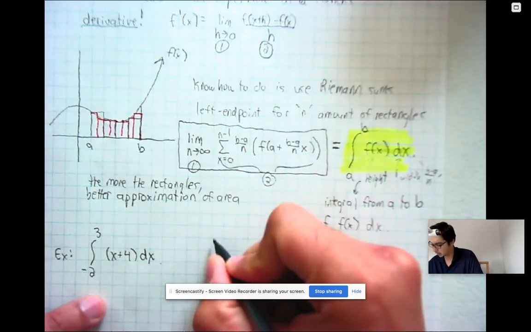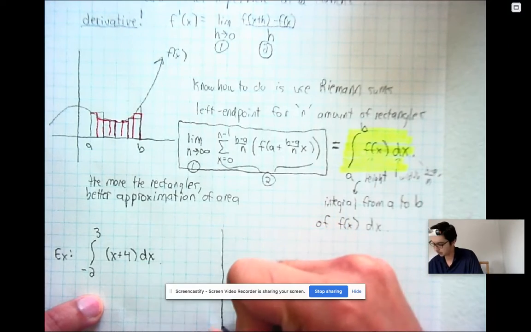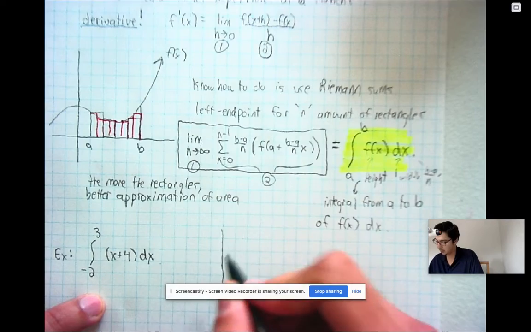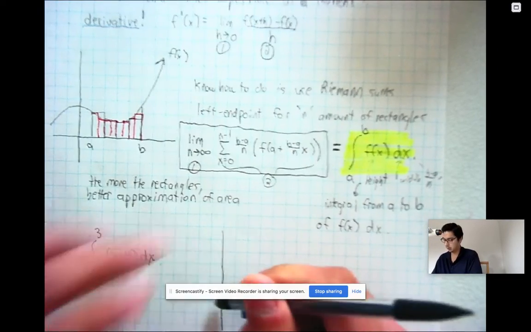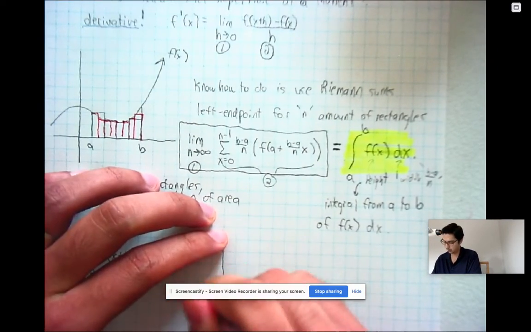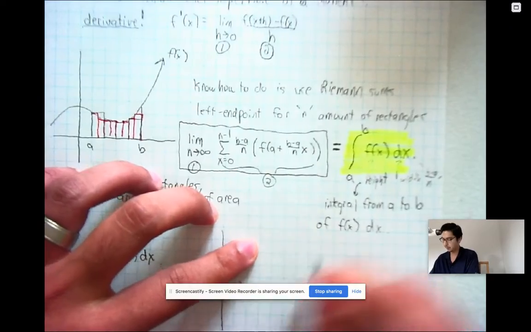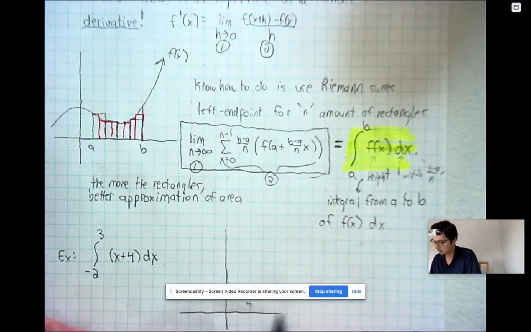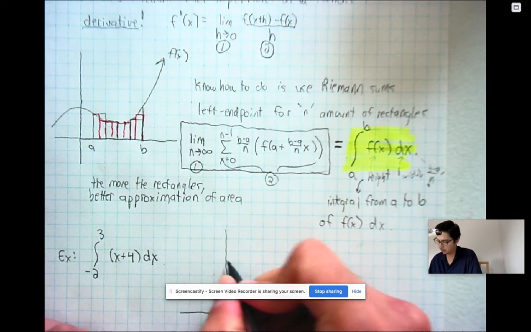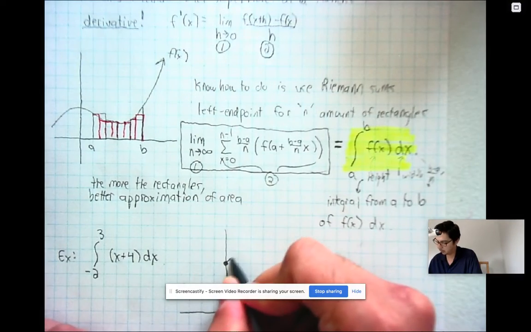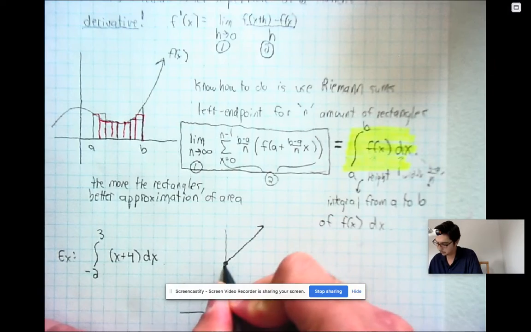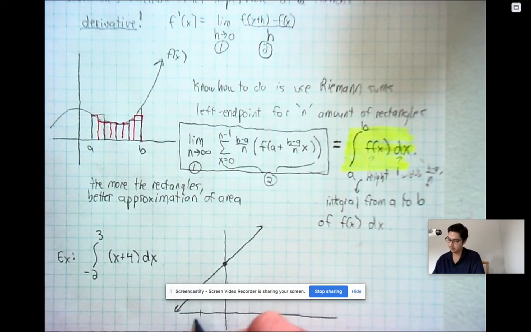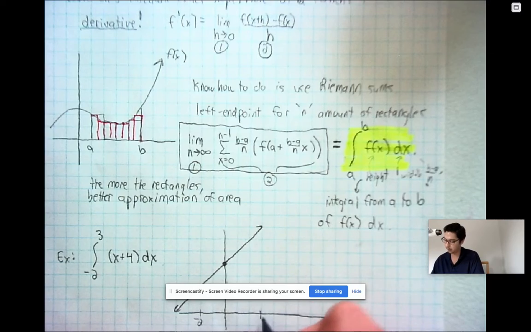So if I was to sketch this curve to help you see it graphically, x plus 4 starts at, I didn't draw this too well, sorry. Fix this really quick. Down here, x plus 4 starts at 4, 1, 2, 3, 4, has a slope of 1, like so, and we want to evaluate from -2 to 3.